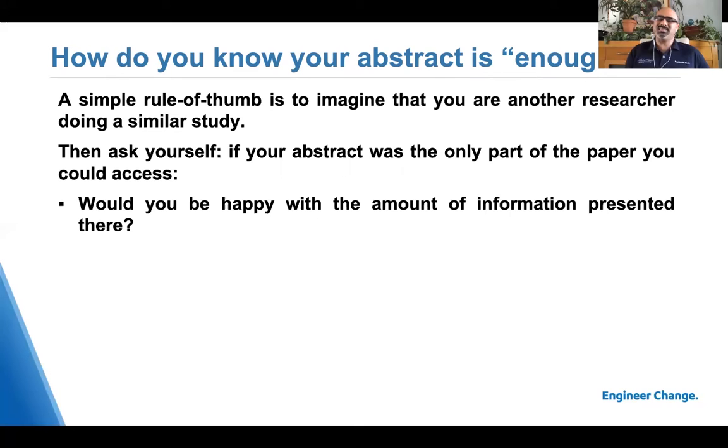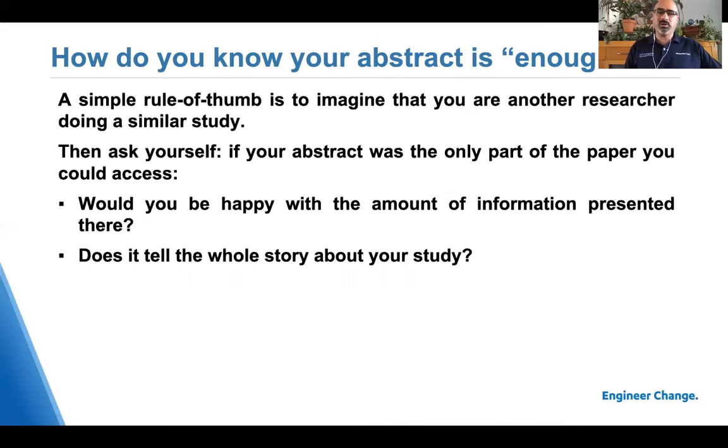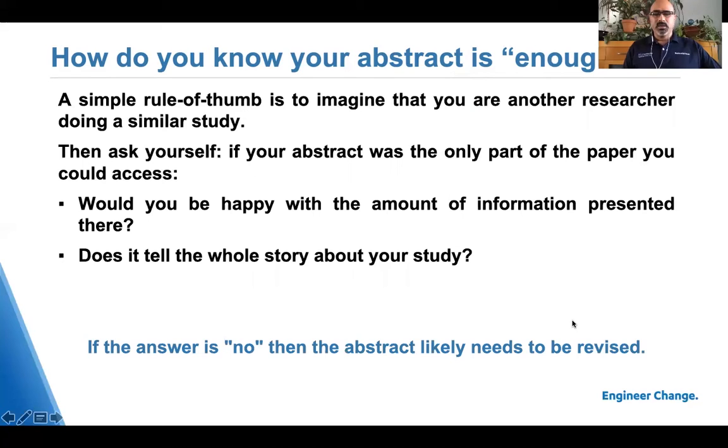Is this enough information for me to evaluate and make a decision on whether I should continue reading the rest of the poster or the rest of the journal article? Does it tell the whole story about your research project? Does it have all the essential pieces? If the answer is no to either of those two questions, then you probably need to work on the abstract and continue revising it.